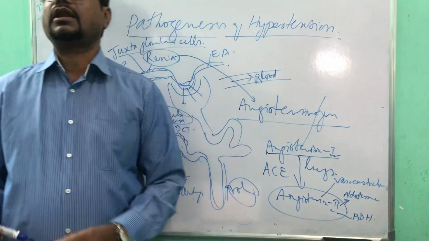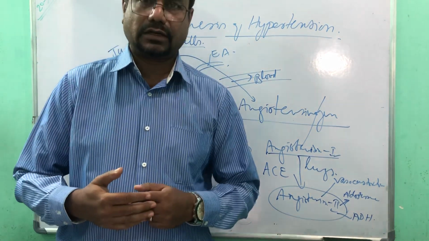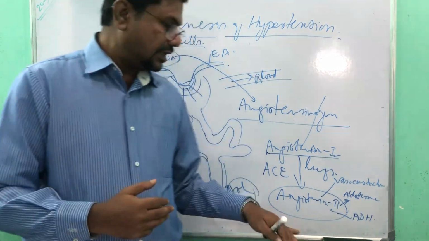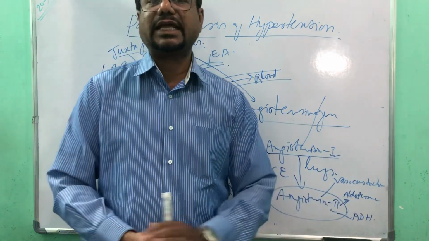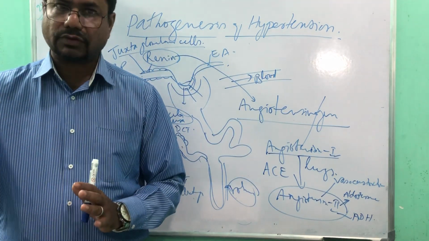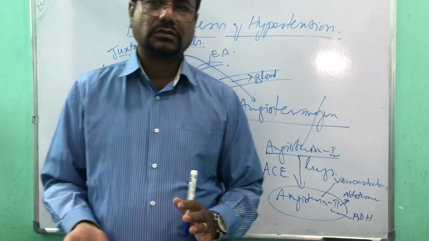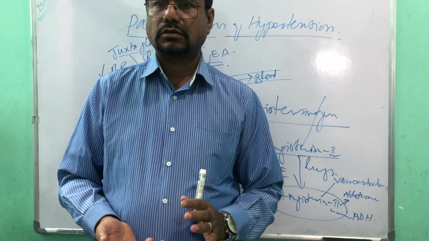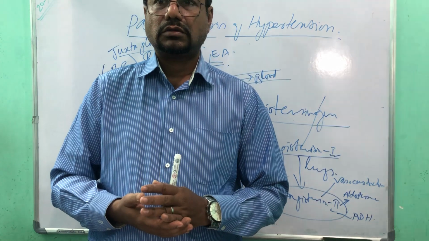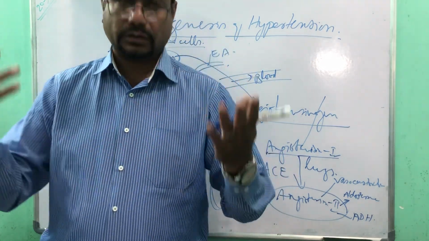it will circulate and go to the posterior pituitary gland, where it releases ADH. What is ADH? Anti-diuretic hormone. What is diuresis? Diuresis means more urine.